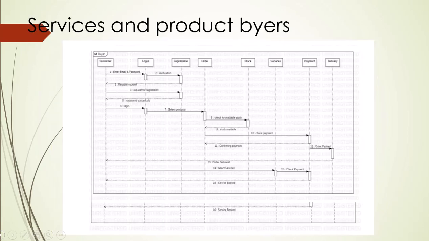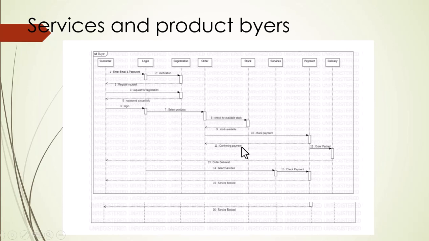And this is the services and product buyer sequence diagram, where the customer requests first to login. If he already has login credentials, then he will log in. If not, then he requests for registration, he is verified, and then after login he can order products or order services.